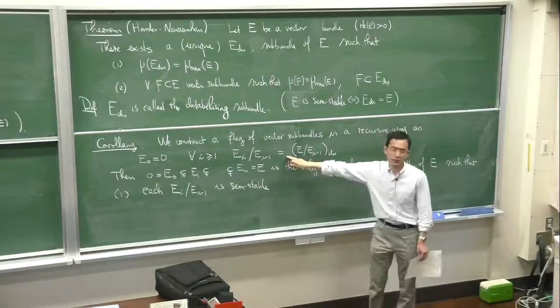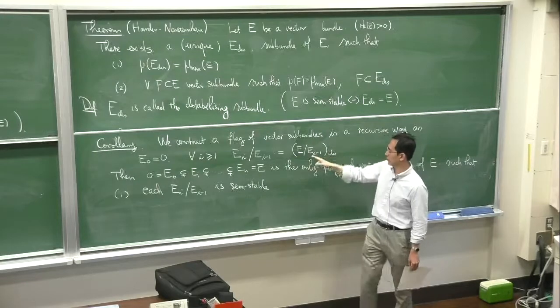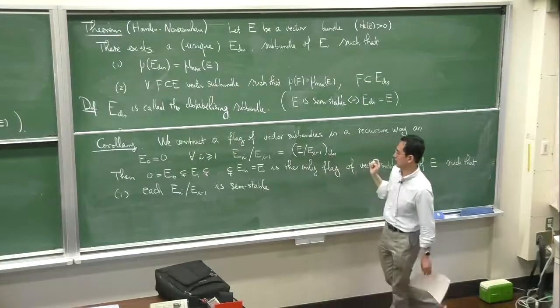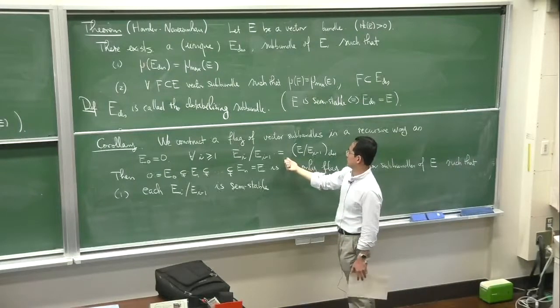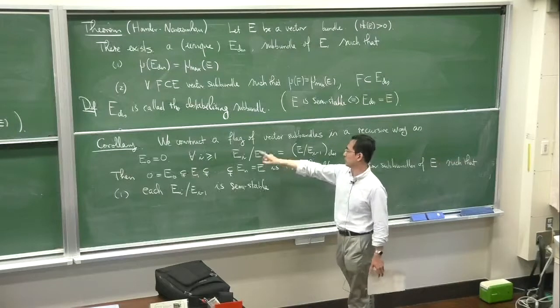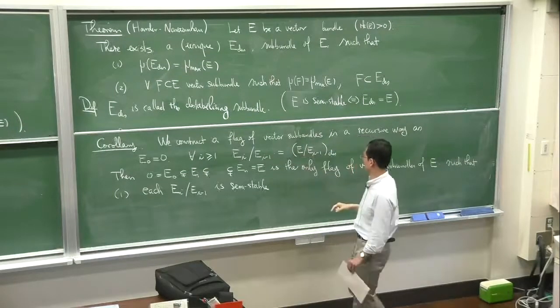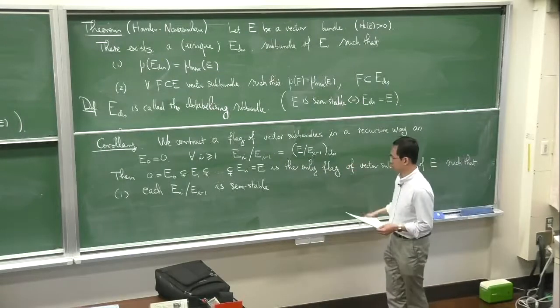If you take this construction, you know immediately that this is semi-stable, because if you take some subbundle, then its slope is bounded from above by the maximum slope of this one, which is the slope of this destabilizing vector bundle.